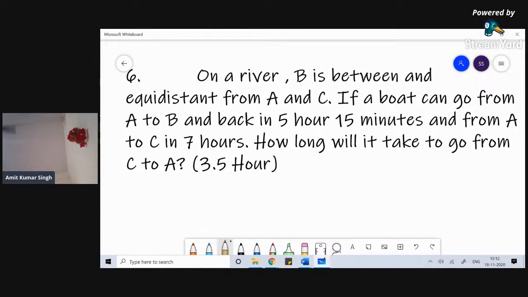Solve this question, everyone. Everyone tried to solve this question. The answer is already there, 3.5 hour. You should get 3.5 hour.